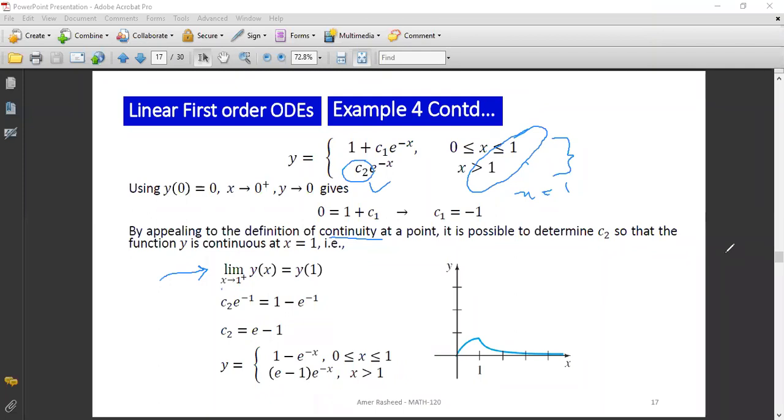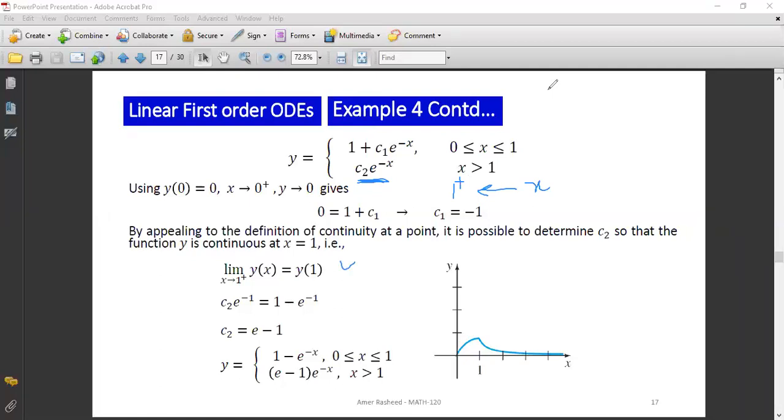So when x goes to 1 plus, why have we assumed 1 plus here? Because we have to use this function. When x is greater than 1, it means x goes to 1 from the positive side. So the function must be continuous.